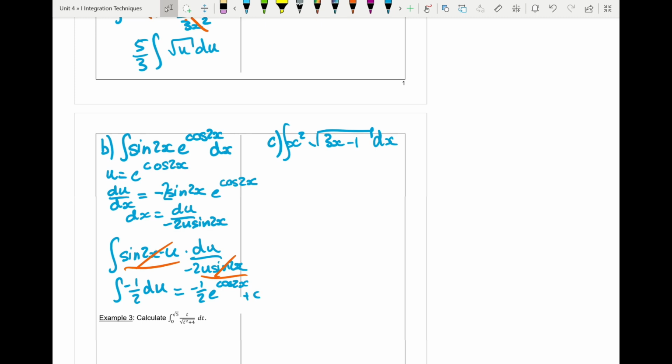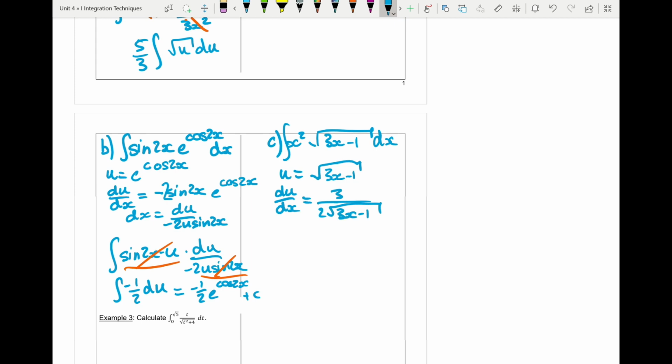So if we let u equal 3x take 1, what that then gives us is a derivative of 3 on 2 square root of 3x take 1.